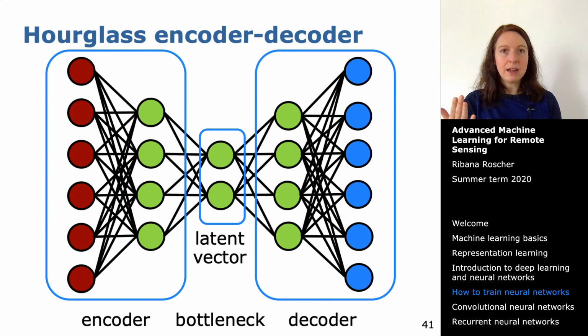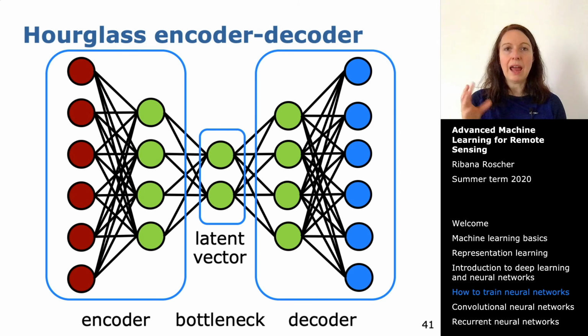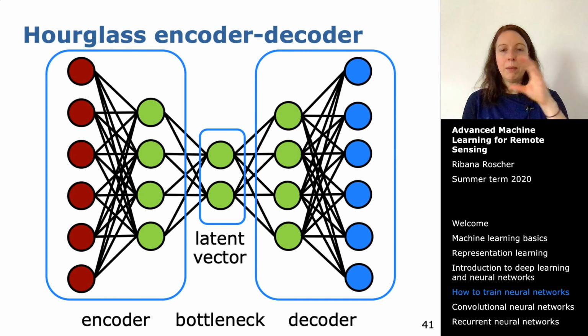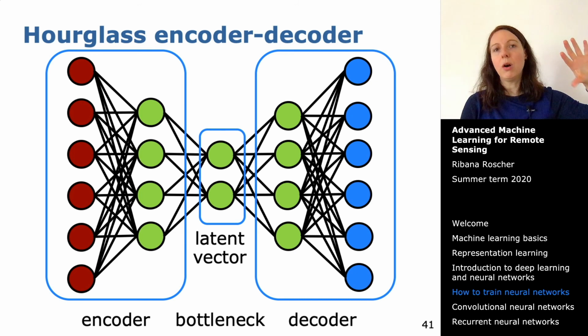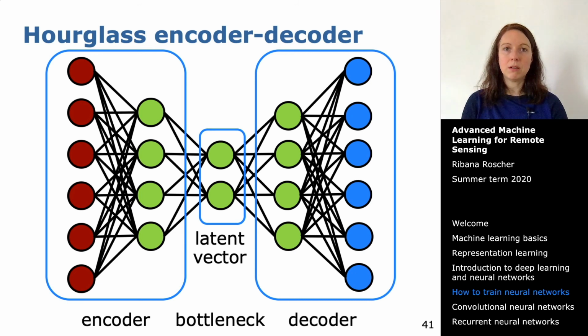When you compress the data, it's called the encoder, because you encode the data to a new data representation. The exact middle layer is called the latent vector, the bottleneck, because this is exactly where you have the lowest dimension of the representation. And then you go back, and this is the decoder. So first you encode the data, and then you decode it again. Mostly you end up with the same dimension of the output as the input.